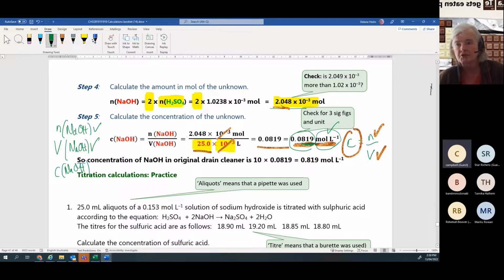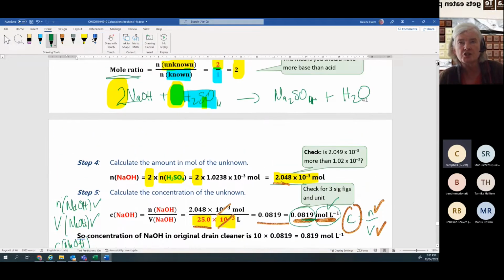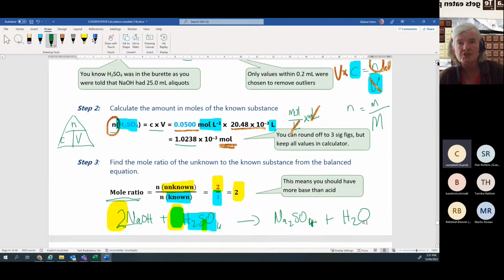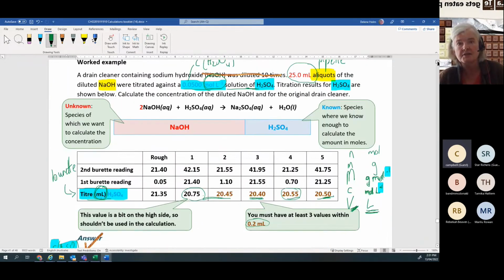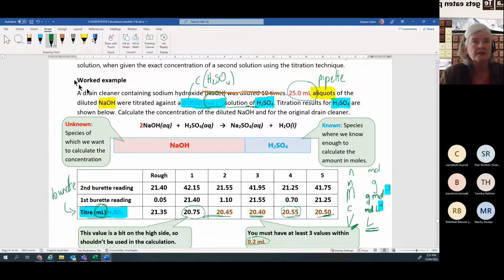For those that want to know a bit more, if you go back to the original question, you'll see all the measurements were given to either 3 or 4 significant figures. So if I go over here, can you see these are 4 significant figures? All my measurements here were 4 significant figures. That was 3 significant figures.